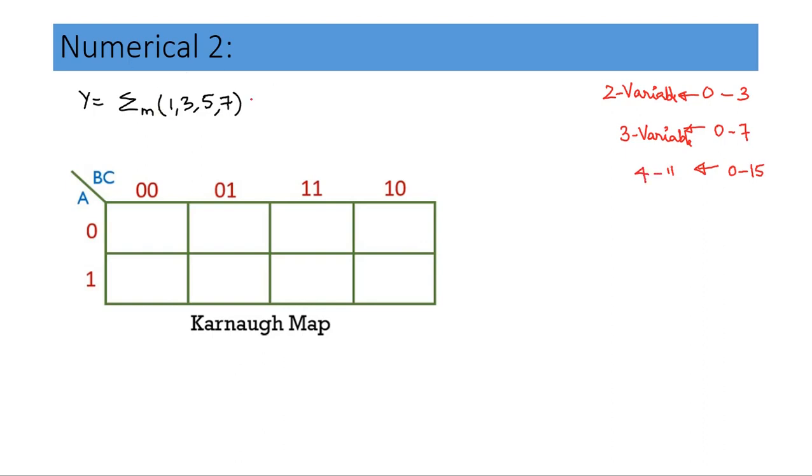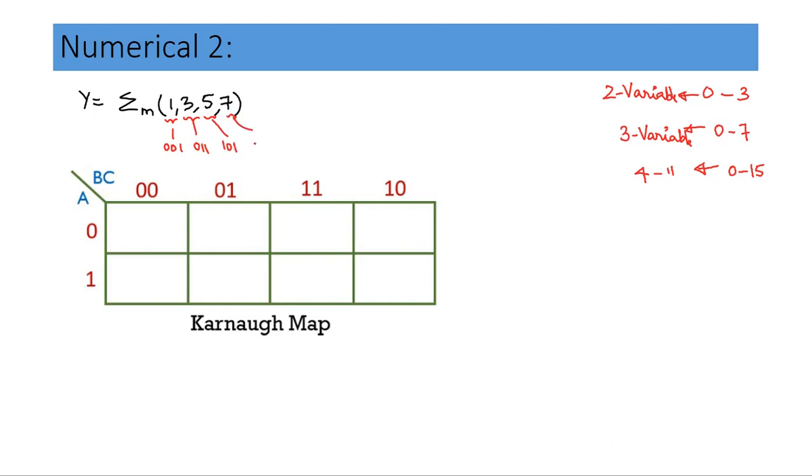So if you observe here the summation m, the decimal notations, the variables range between 0 to 7. So easily we can say that this is a three variable Karnaugh map. So let me map the minterms. I have 1, that is equivalent to 0, 0, 1. 3 is equivalent to 0, 1, 1. 5 is equivalent to 1, 0, 1.